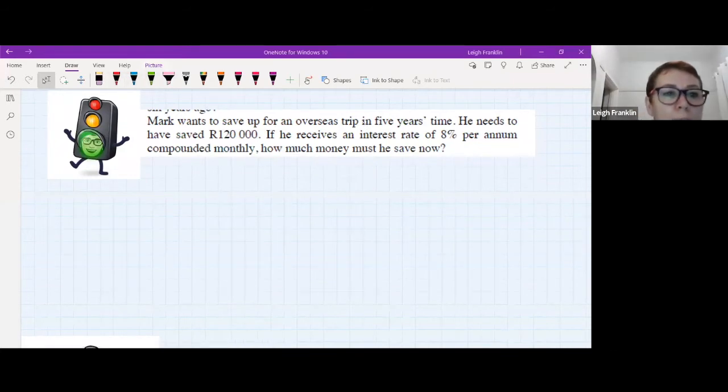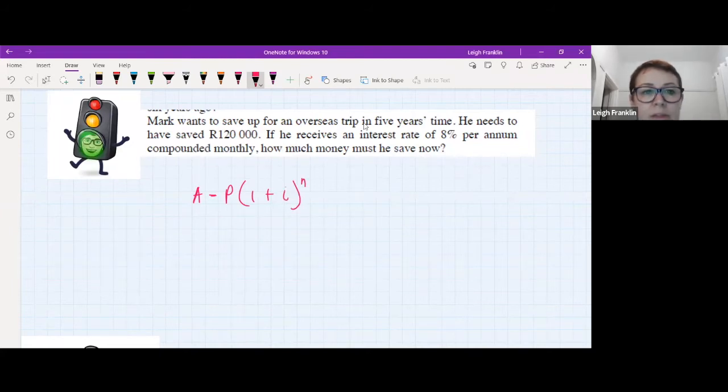Okay, so remember we are working with compound interest. That means we've got A equals P, 1 plus i, to the power of n. The 120,000 is what he wants at the end, so that's our A value. We're going to put 120,000 here on the left-hand side of the equal sign, because they're asking how much money must he save now?